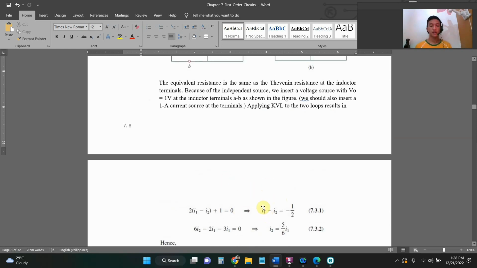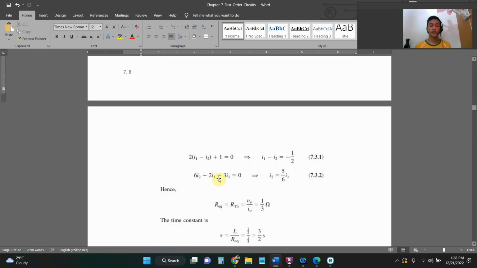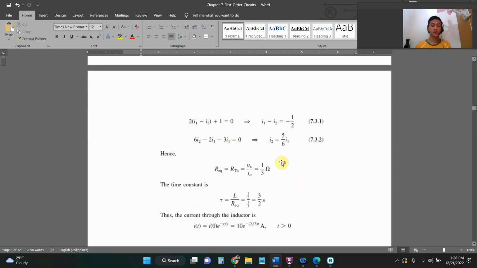So we can get I sub 1 minus I sub 2 equals negative 1/2. That is the first equation. And 6 I sub 2 minus 2 I sub 1 minus 3 I sub 1 equals 0. So it means that I sub 2 is equal to 5 over 6 I sub 1. So we can calculate the value of that.